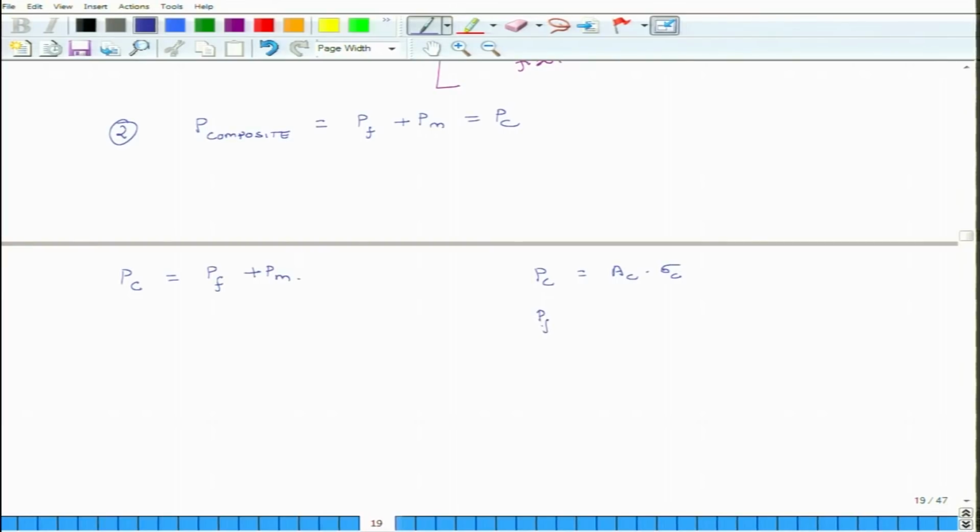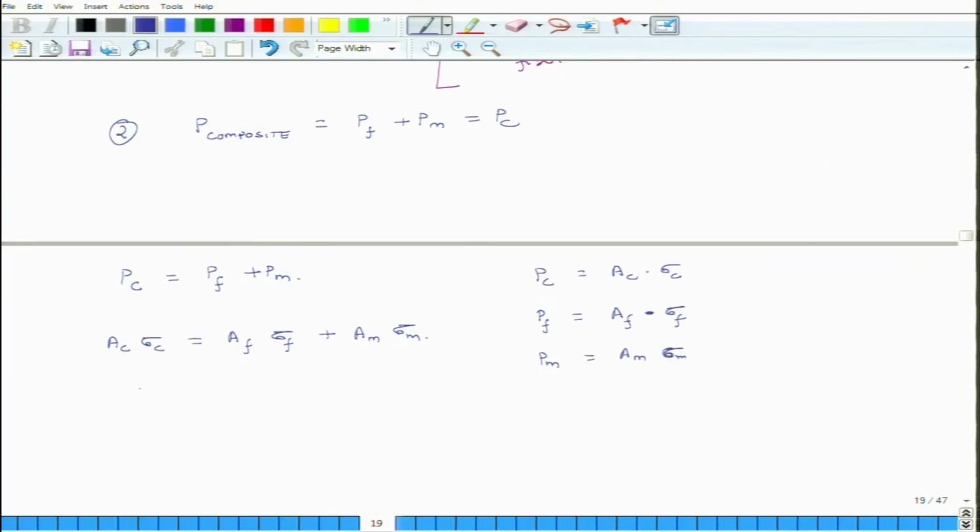Similarly, Pf is equal to area of fiber times stress in the fiber, and Pm equals Am times stress in matrix. So, I can write AC sigma C is equal to AF sigma F plus Am sigma M.